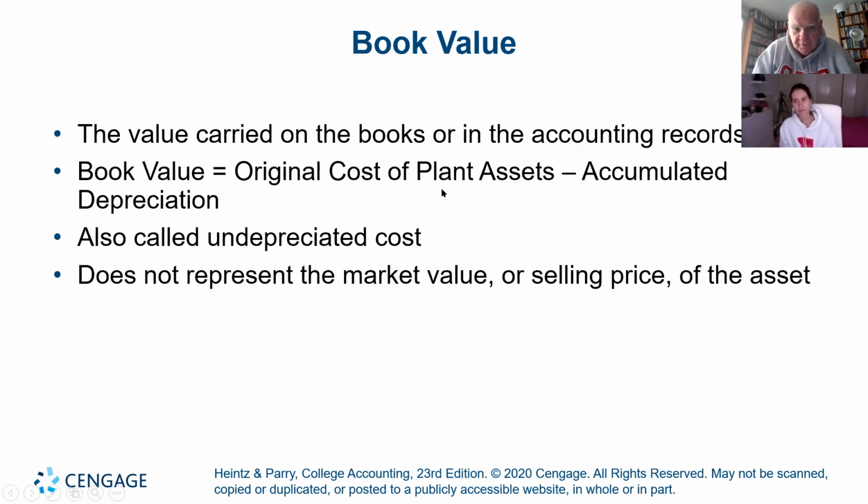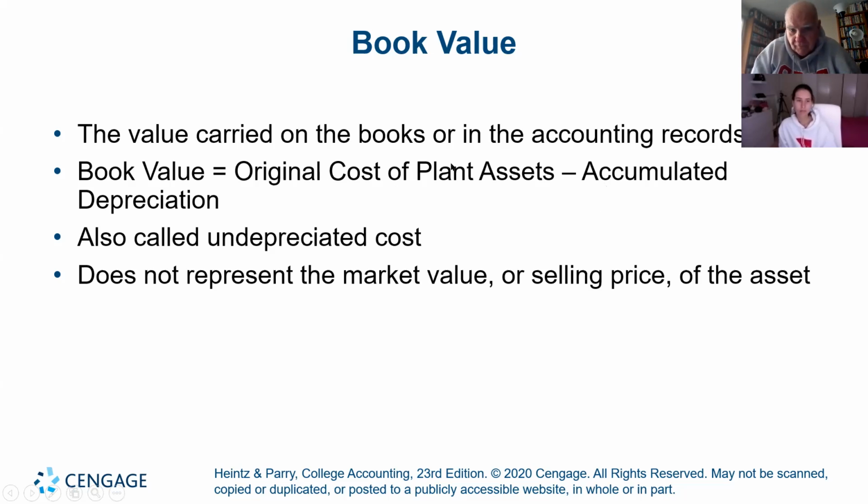So every month we're going to debit an account called depreciation expense, and we're going to credit this account. It's called accumulated depreciation. It is a contra account, meaning it has the opposite sign. Accumulated depreciation is contra to the original cost.